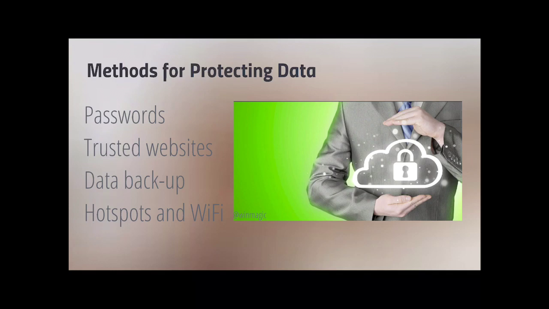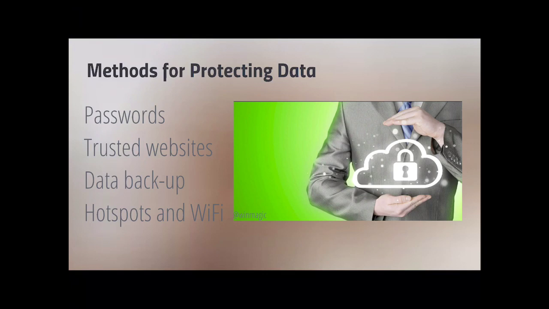There's lots of methods that we can take also to protect data. Like I said, making sure your passwords are long and strong and not something that's easy to guess. Making sure that when we put our own personal information into a website, that it's a trusted website that's secure and encrypted, that we're backing up our data frequently, and that we're using caution when using hotspots and Wi-Fi. When we jump onto Wi-Fi at the local Starbucks or at a coffee shop or wherever, that we're not going onto websites that ask for our personal information.